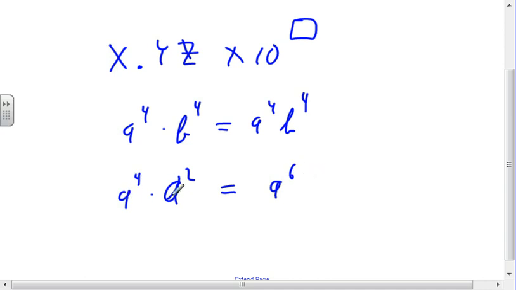So like bases, I can add exponents. If I divide, a to the 4th divided by a squared, I can subtract the exponents and end up with a squared. If I have some base to the 0 power, I get 1.